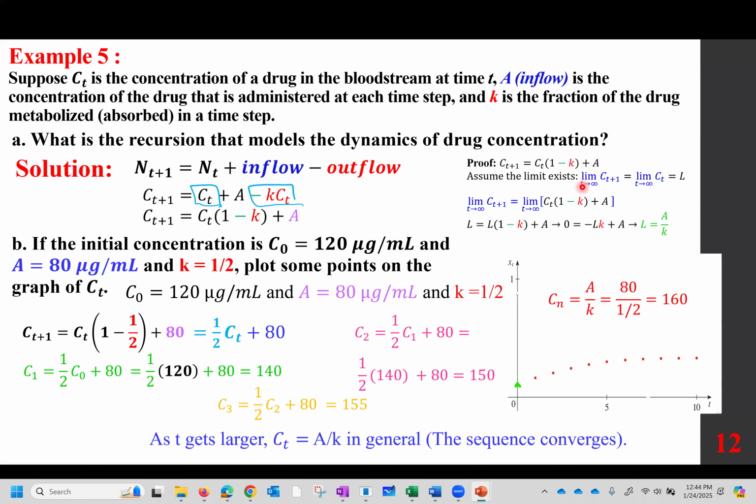We will discuss that the limit as t approaches infinity of c sub t plus 1 is the limit of c sub t as t approaches infinity, and each one is equal to something, x, y, z, L. We use L for the limit. So we are going to replace the limit of c sub t with L, L times 1 minus k plus a. And if you work it out, L becomes A over K. So that's a proof. And as I mentioned, we will look at this with more details later on when we look at the concept of a limit.